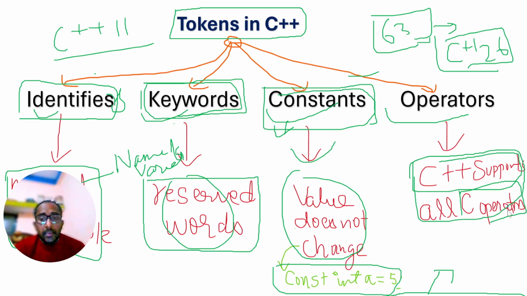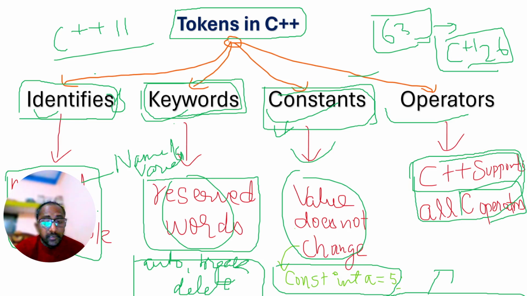The keywords are reserved words. Many keywords are common to C, and all the keywords have specific meanings, just like auto, break, delete, class. These are reserved words. Some of the C++ keywords, like auto, I have already written here.